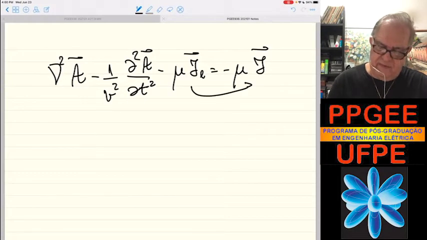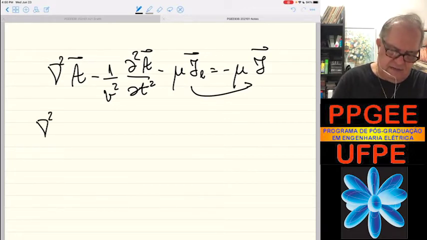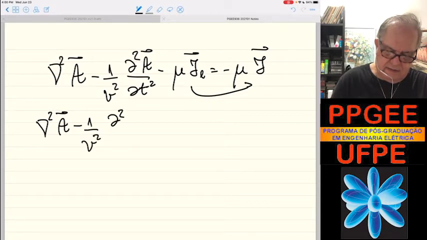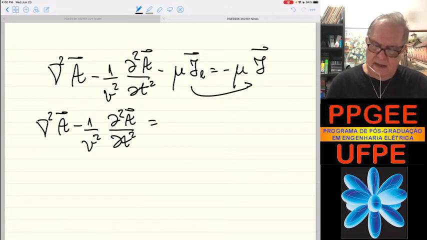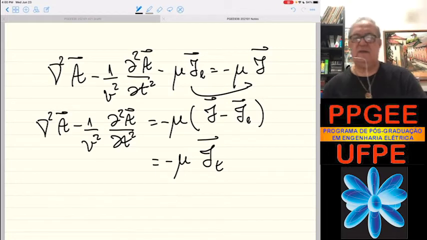So if we move that into that, it's going to be Laplacian of A equals minus mu (J minus J_L), equals minus mu times J_T. So that's the equation we obtain.